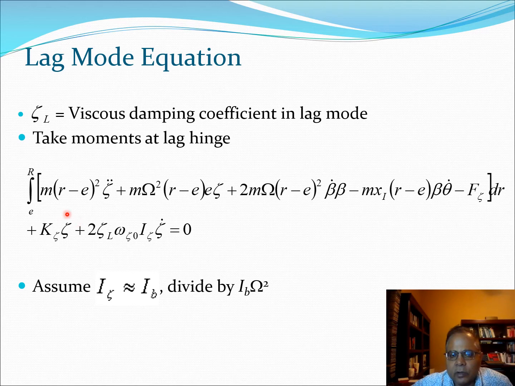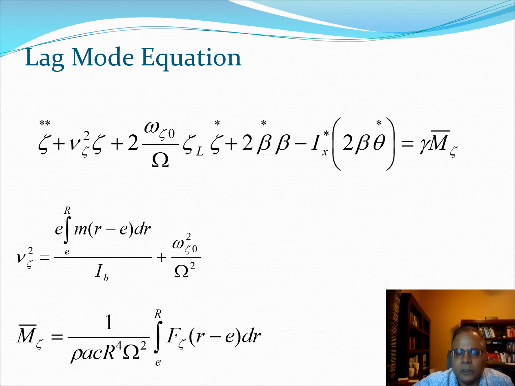So again, you recall all these terms. The inertia term is here, the centrifugal term is here. This is a Coriolis term, this is a Coriolis term, this is the aerodynamic force term, this is the spring term, this is the damping term. Once again, make certain approximations and simplify our life here, and that's going to give us this equation here.